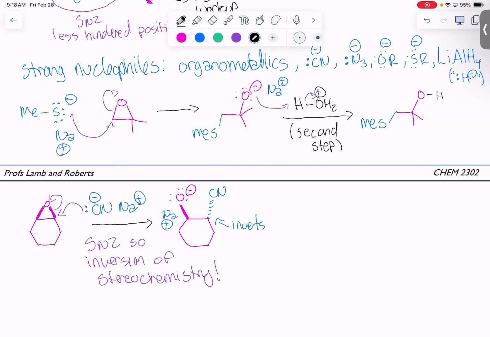Let's bring it home and add step 2, which is our H3O plus. We know that our alkoxide is pretty basic, so it's going to deprotonate to generate our neutral species.